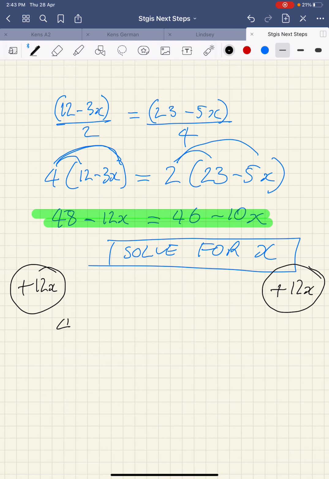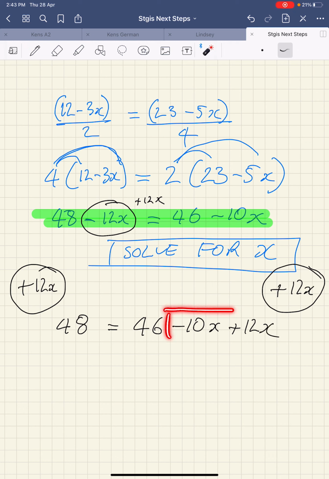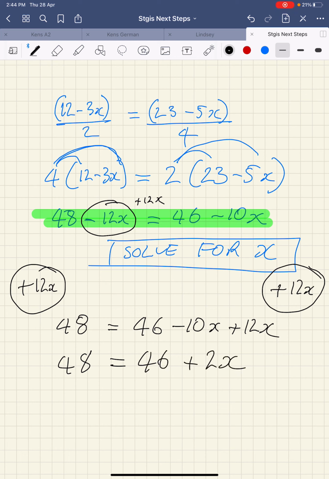And then the left-hand side's got 48, because remember the minus 12x plus 12x goes to 0. And the right-hand side is 46, and negative 10x plus 12x. So think about what happens there. If I've got minus 10 plus 12, I think I'm left on 2x, right? So on the right-hand side, left-hand side 48, 46 plus 2x, and now you guys have got it.